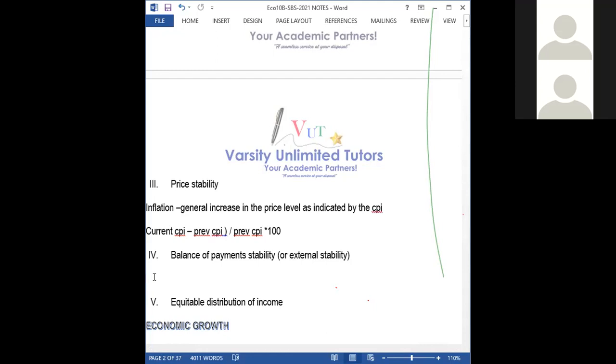So with the balance of payments stability, when I was talking about the expenditure method, I talked about X minus M, where I said X represents exports and M represents imports. So the difference between imports and exports would give us what we refer to as the stability of the balance of payments.